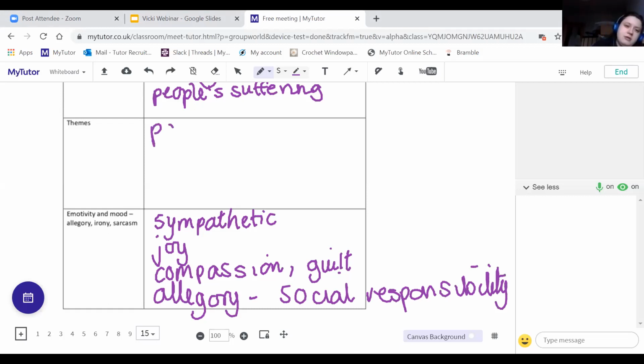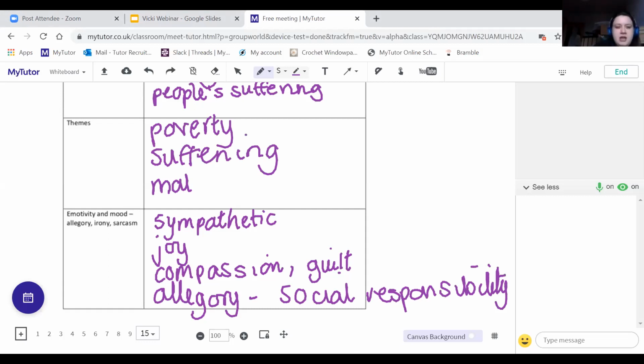So themes then we could put in as poverty, suffering, malnutrition maybe. I suppose we could put pain in here as well. There's several themes. Municipal means owned by the government. So when the municipal pipe bursts, there is a pipe.